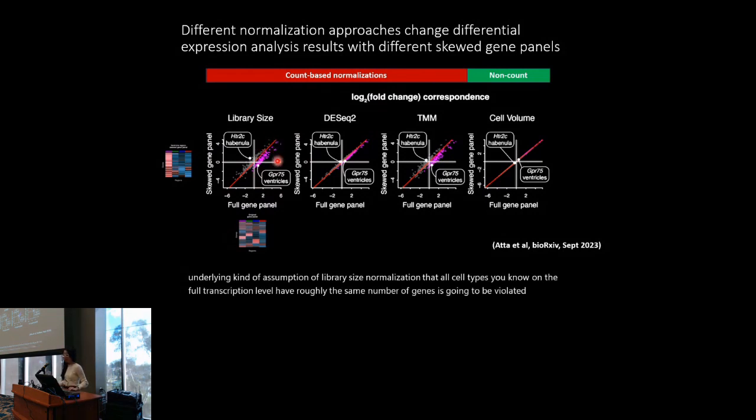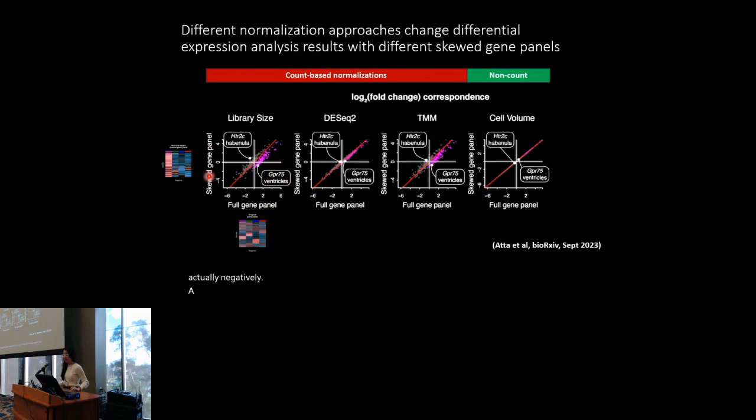And because we violate that assumption, now we get funky results where GPR75 is identified as significantly upregulated with a positive fold change in the full gene panel, but actually downregulated with a negative log2 fold change in the skewed gene panel.